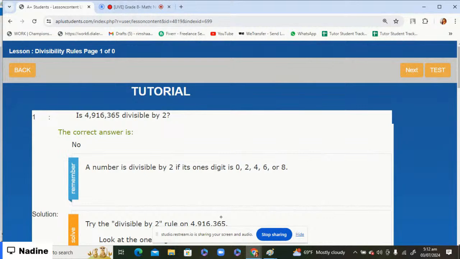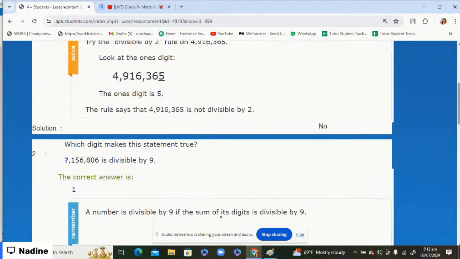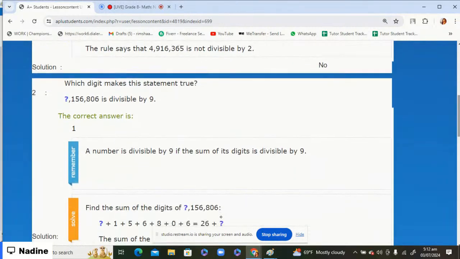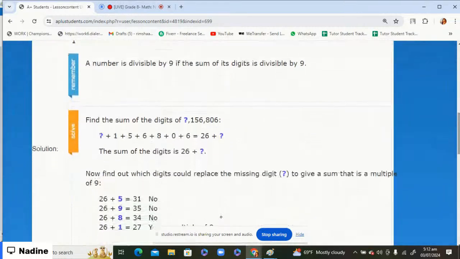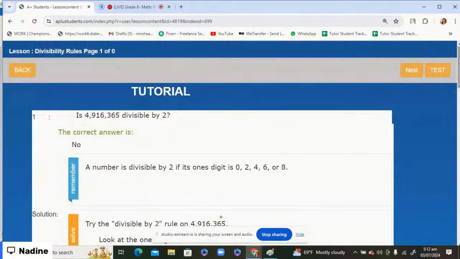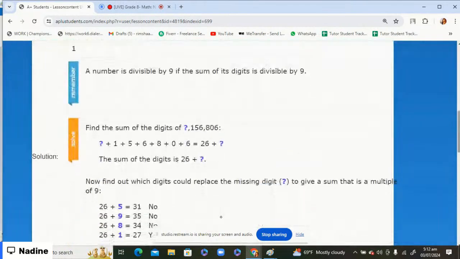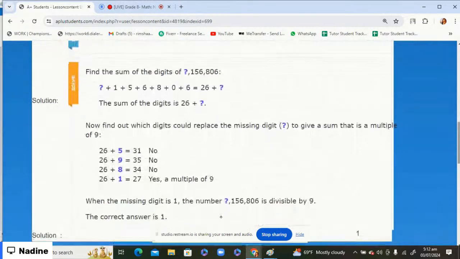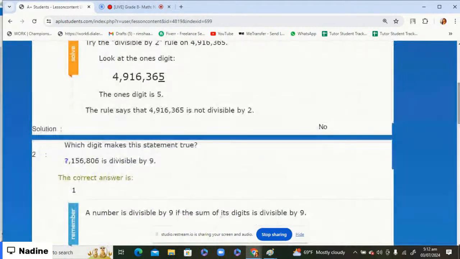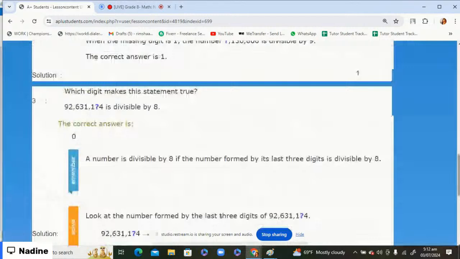So no, it's not divided. Okay. So now let me just open the next.